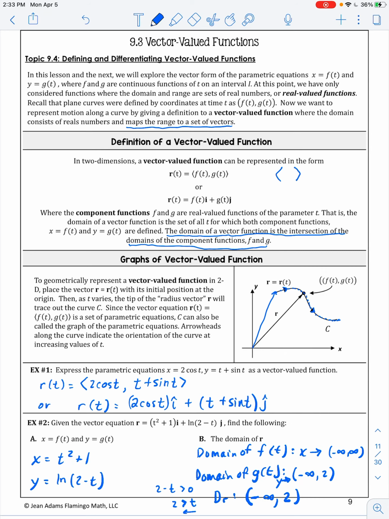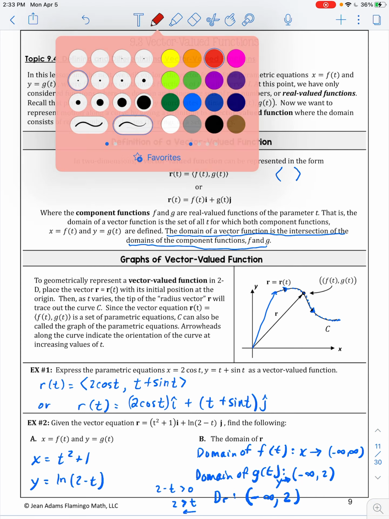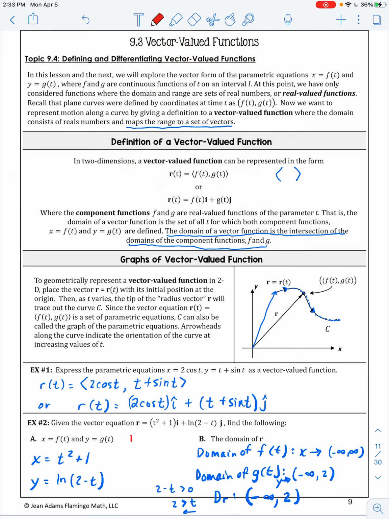So, just to recap this, and I'll do this in a different color, we said that the domain of our f of t was negative infinity to positive infinity. The domain of our g of t was negative infinity to 2. And so that made the domain of our r of t, which is the intersection of those two domains, negative infinity to 2.